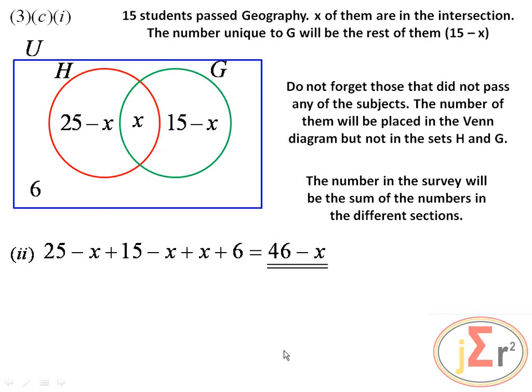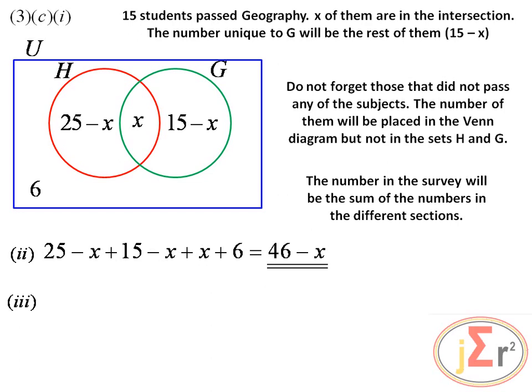When we put those together, we may do that by adding the numbers. 25 plus 15 is 40, plus 6 is 46. Notice that we have a negative x here, and a negative x, and a plus x. We may just use this one, negative x, to eliminate this positive x, and all that is left is a negative x. So that is 46 minus x.